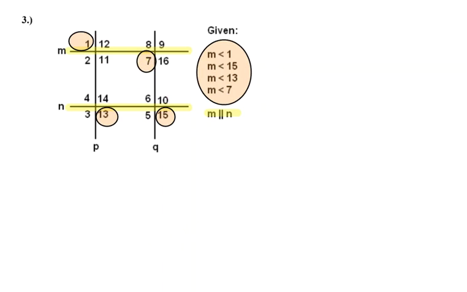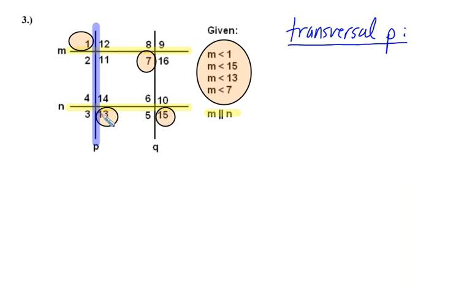Now, let's take each potential transversal one at a time. In this case, the first potential transversal is transversal P. On any quiz, assignment, or test, that's essentially the work that I need to see. Specify the transversal.